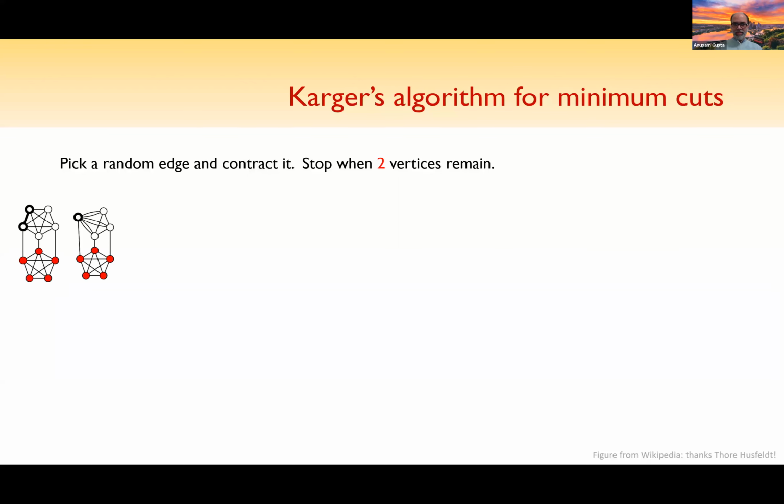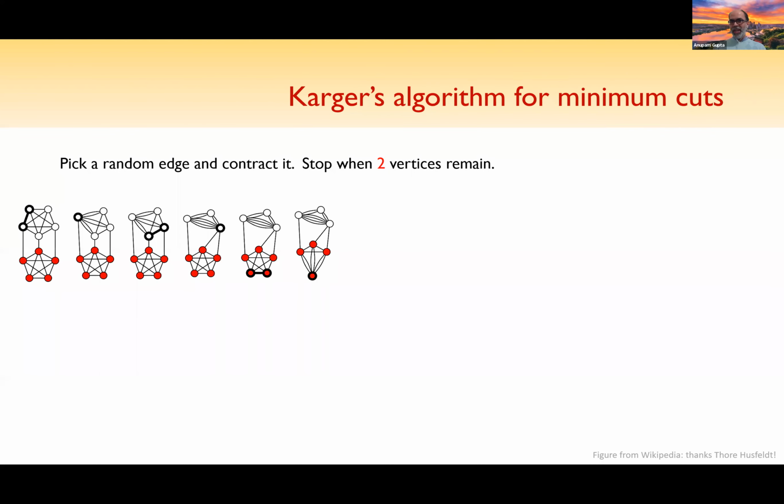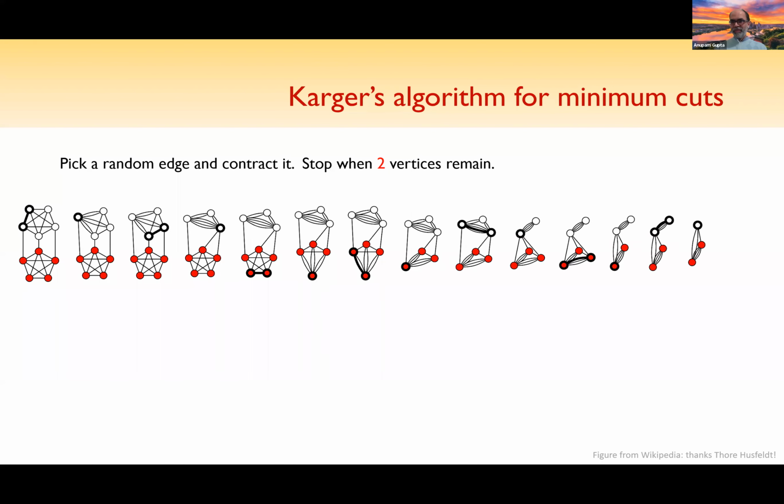And this is a shamelessly stolen animation from Wikipedia. If I took the graph on the left and I took that bolded edge, that's the random edge I had, and I contracted it, it would give me the second graph. And then I pick this bolded edge and I contract it, and I pick this bolded edge and I contract it, and so on and so forth.